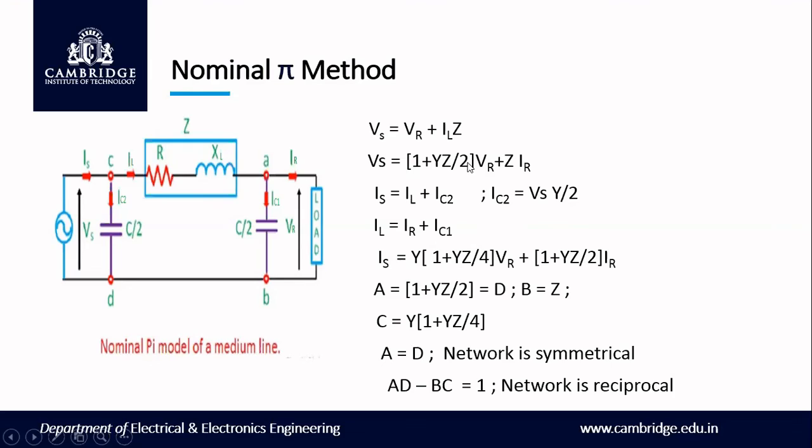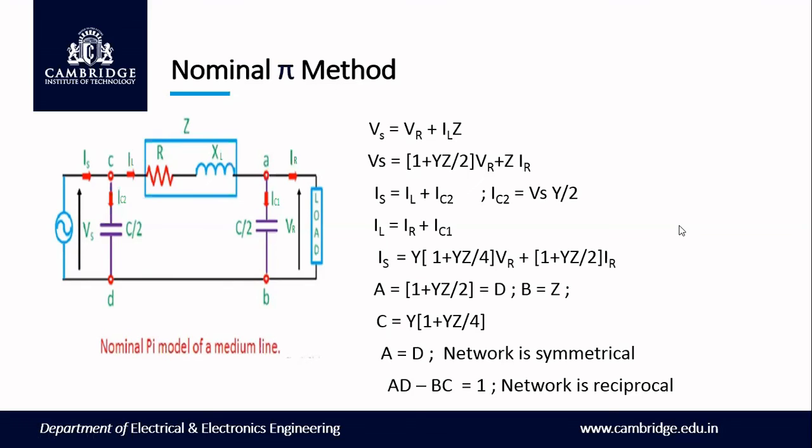Now, when you compare these two equations with the standard equation, the parameter A, that is nothing but the coefficient of VR, is equal to 1 plus YZ by 2. Then the coefficient of IR, that is D, because you can see here Vs is equal to A into VR plus B into IR, and Is is equal to C into VR plus D into IR.